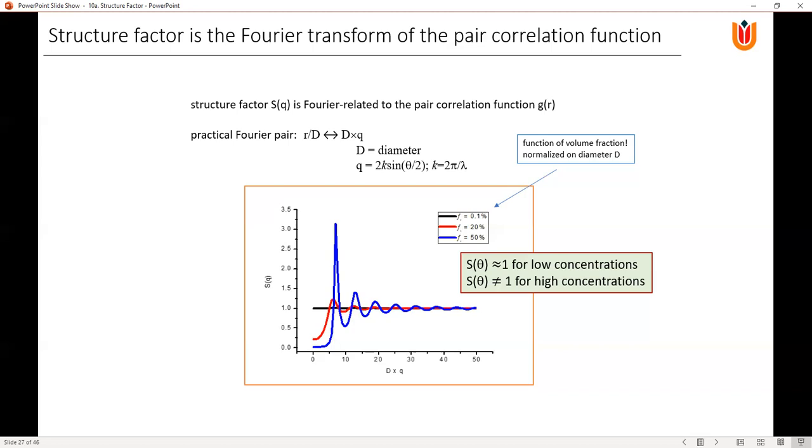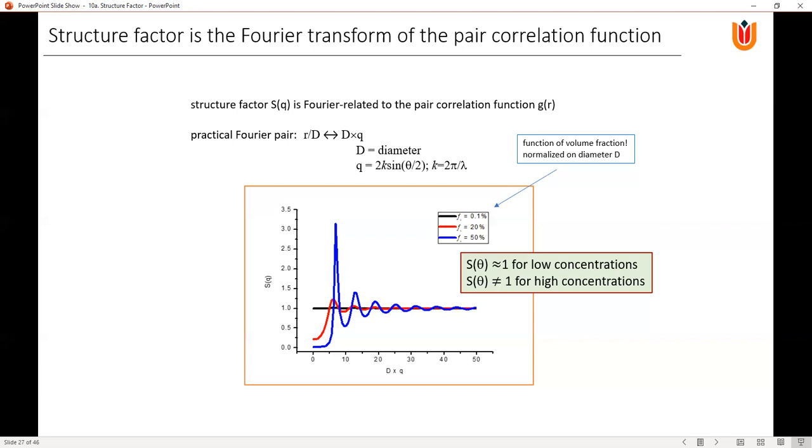If it is almost unity, if you remember how it was included in the integrations, then it does not really do anything. It is almost neglected. So for very low concentrations, these interferences, as expressed by the structure factor and the pair correlation function, do not really matter.